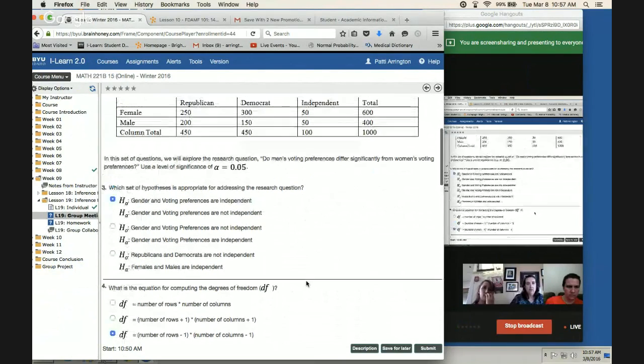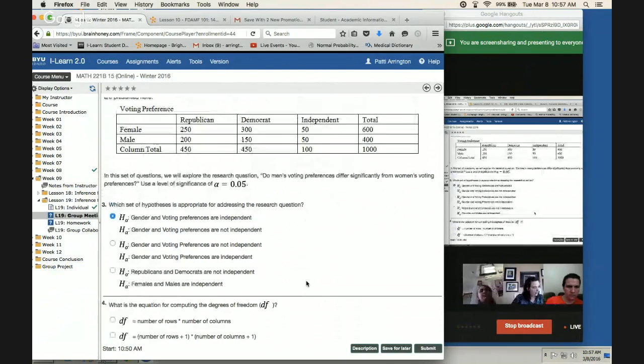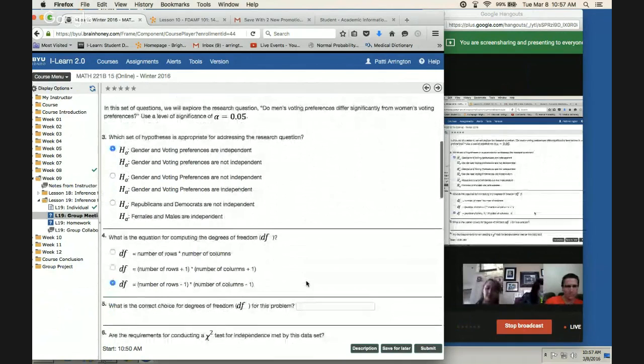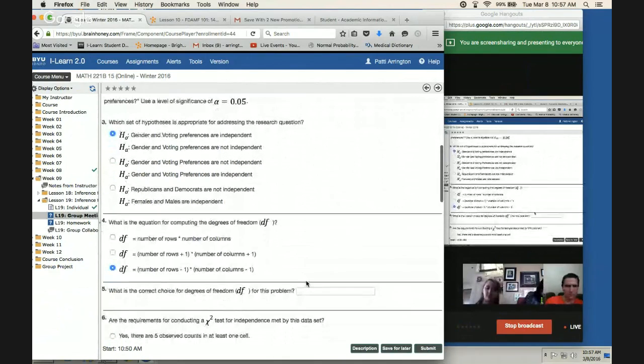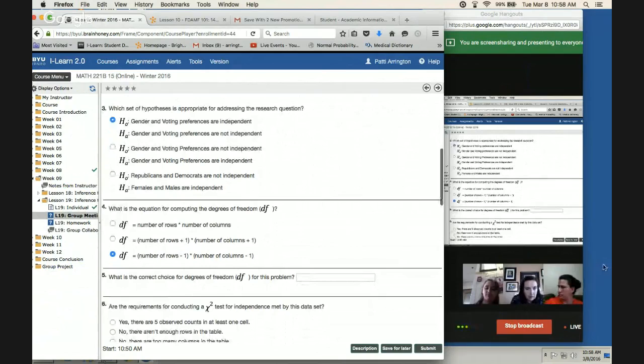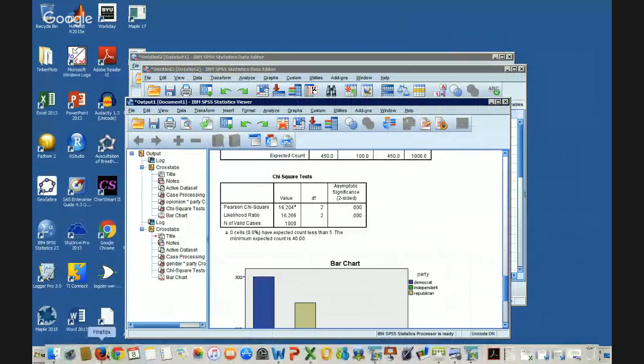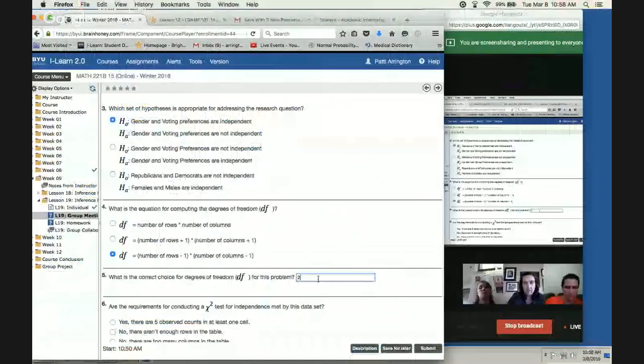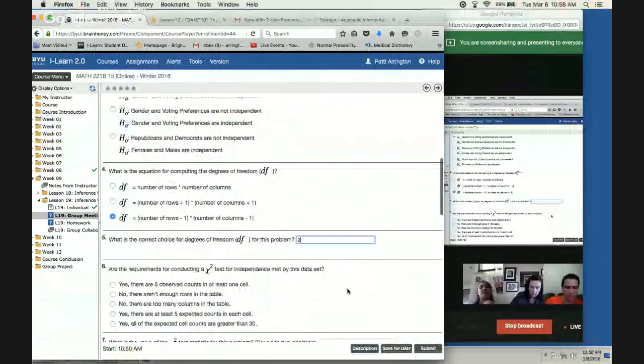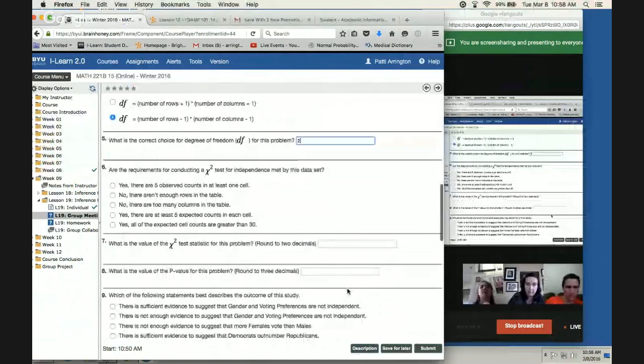Okay. So what's the equation for computing degrees of freedom? So I have to calculate degrees of freedom. You do number of rows minus 1 times number of columns minus 1. Mm-hmm. That's the last one. Yeah. Okay. So what is the correct choice for degrees of freedom for this problem? 2.